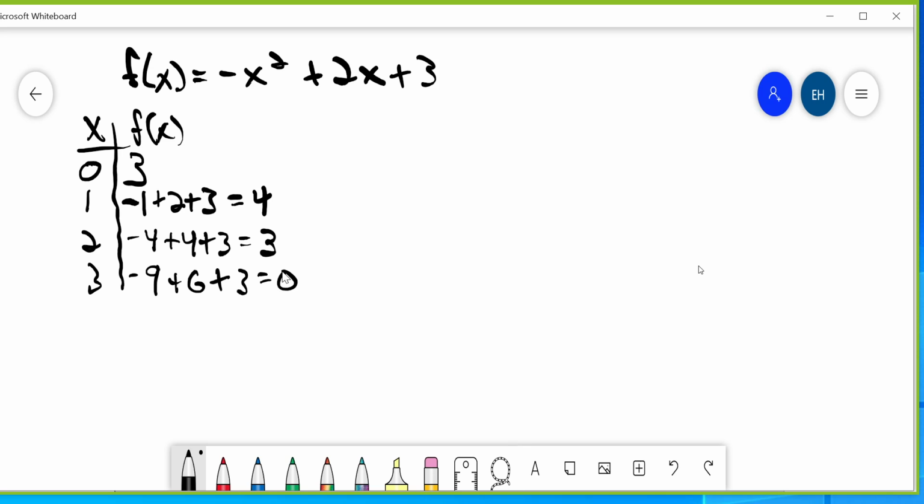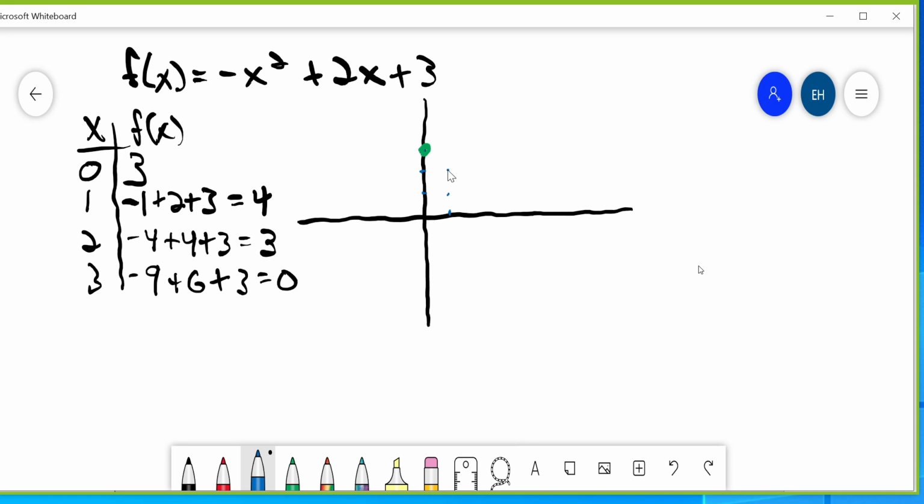And we can make our graph now, sketch the graph and plot the points. Go to 0, 3, 1, 2, 3. So I have a point at 0, 3. The point 1, 4, 1, 1, 2, 3, 4.